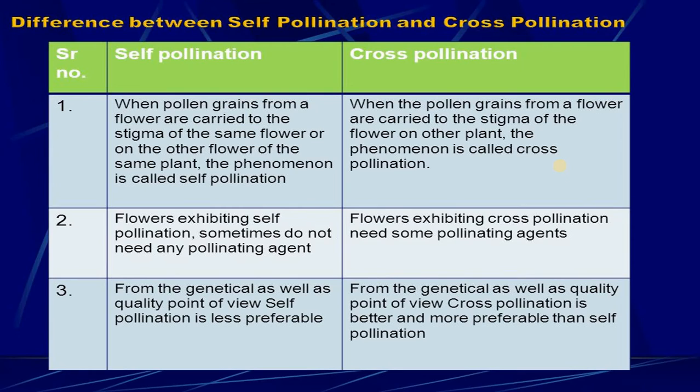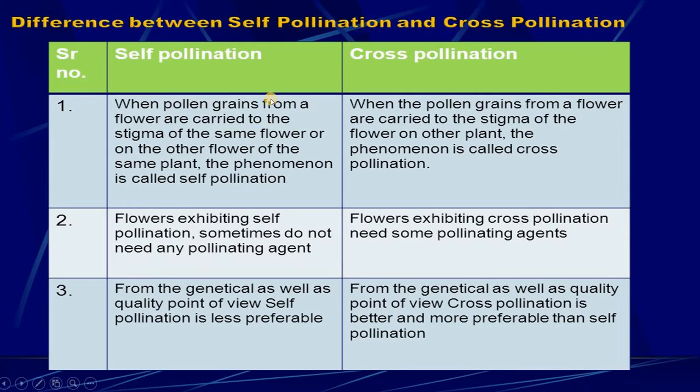So here you see the differences between self-pollination and cross-pollination. When the pollen grains from a flower are carried to the stigma of the same flower or of another flower of the same plant, the phenomenon is called self-pollination. And what is cross-pollination? When the pollen grains from a flower are carried to the stigma of a flower on another plant, the phenomenon is called cross-pollination.